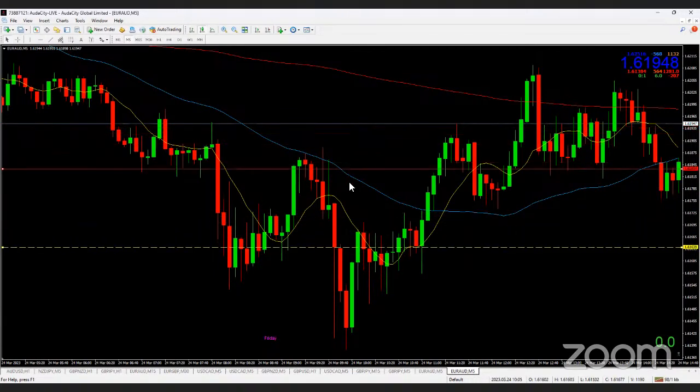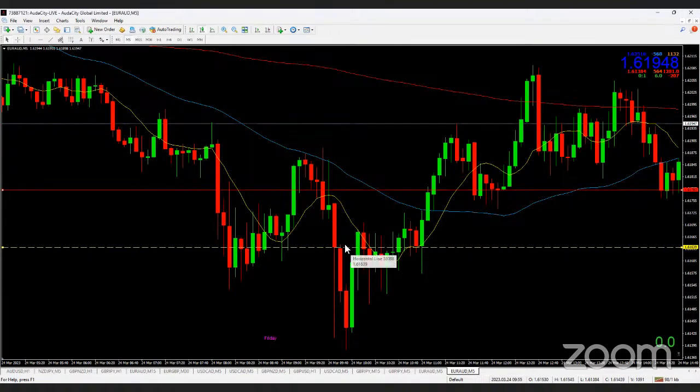So in this case, if I entered here at the close of this candle, I'll place my stop loss there, say about 14, and we got more than that. But the key thing to note is that the price is rejecting, it's bouncing off the moving average.